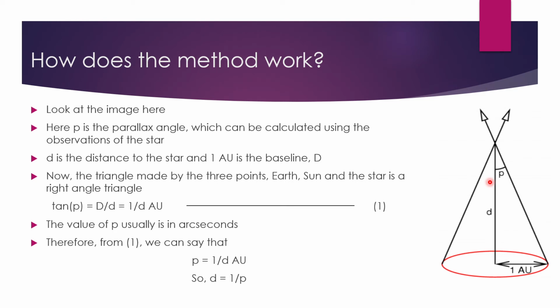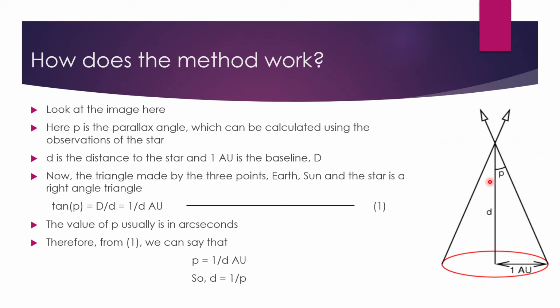So if the object is far away, then the parallax angle will be very small, and it cannot be measured using the instruments, and because of that one cannot calculate the distance, and that's why one has to use some other method to calculate the distance.